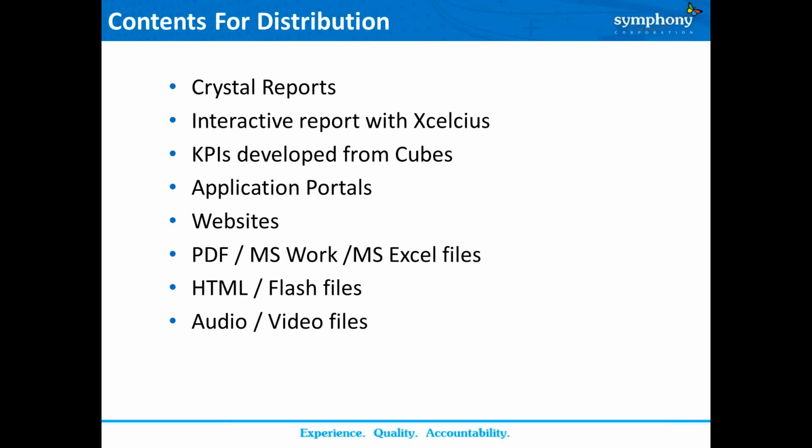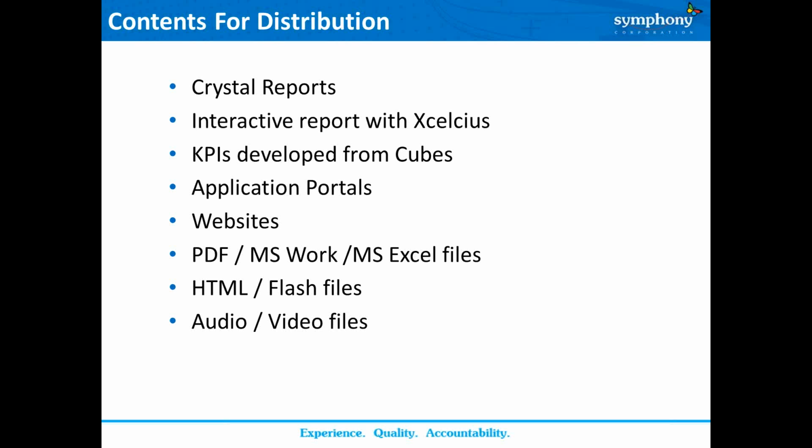Contents for distribution: what can we distribute via LBI? LBI is sort of a one-stop shop for everything. It can display the intranet home site of your company, the home page of your company, your portal, anything that you want.